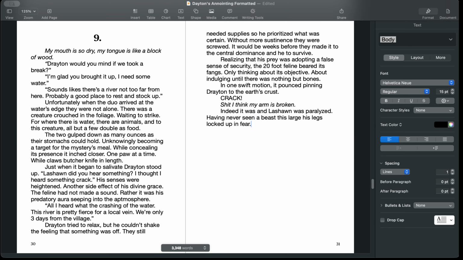I might not want to outright say fear. It's one of those things again where I want the audience to understand that he is afraid, but I don't necessarily think I have to directly say it.